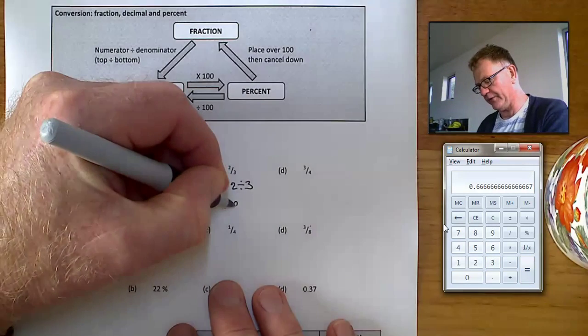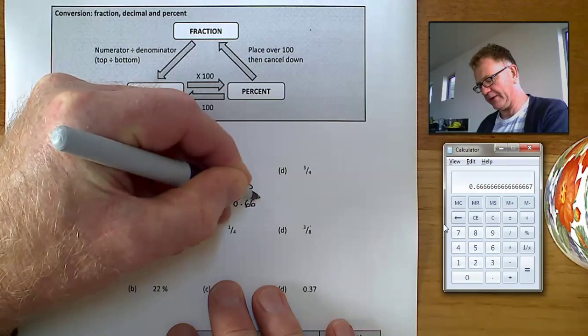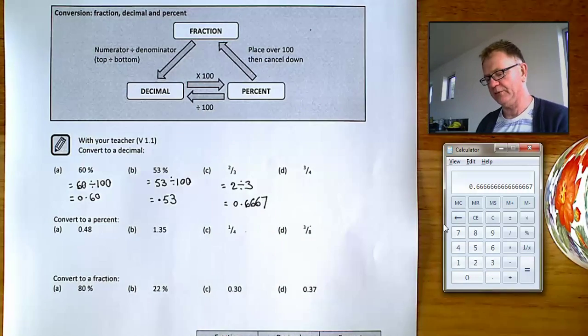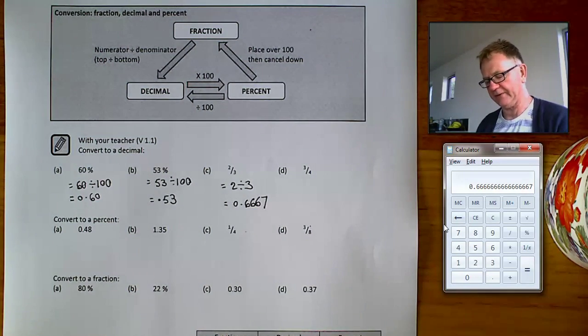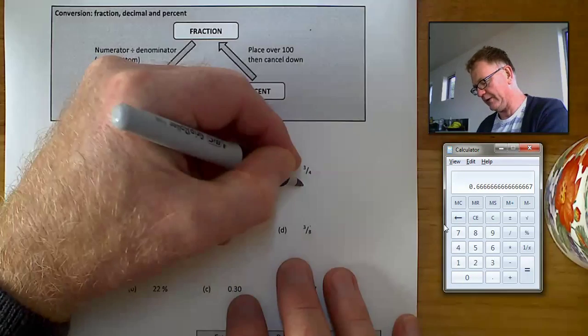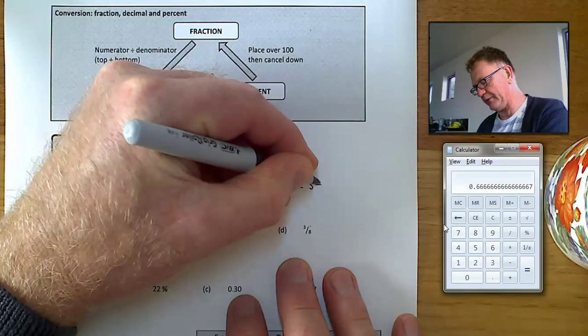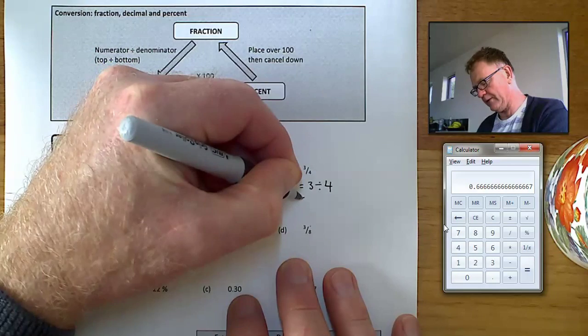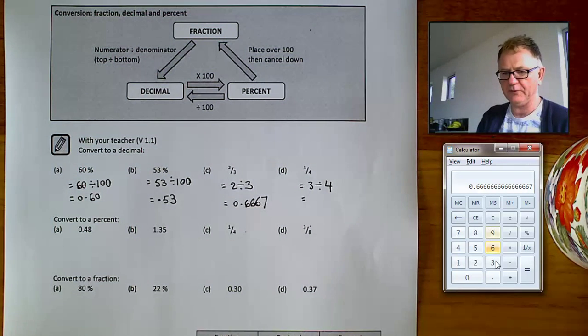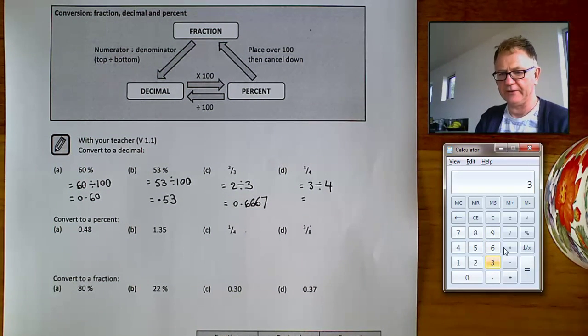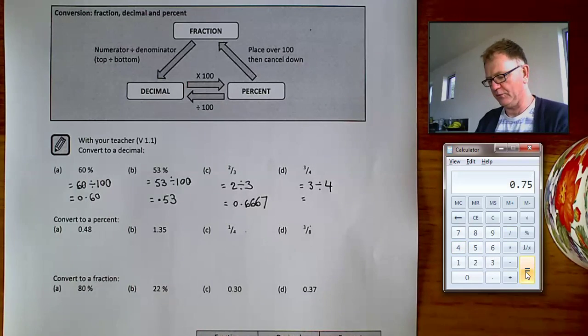Normally we would round that off to an appropriate number of decimal places, 0.6667. 3/4 means 3 divided by 4, and that will change it into a decimal if you do the operation on your calculator. 3 divided by 4 equals 0.75.